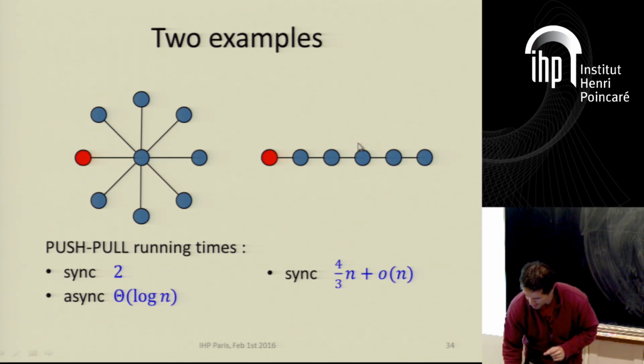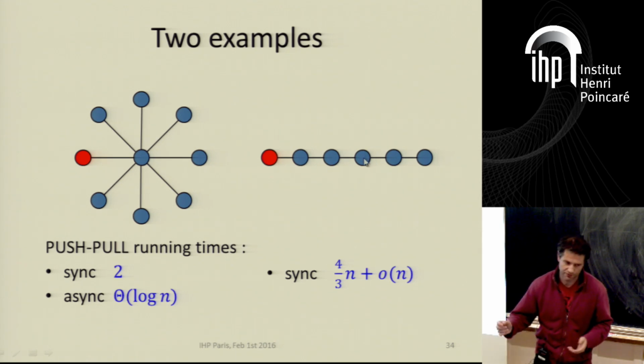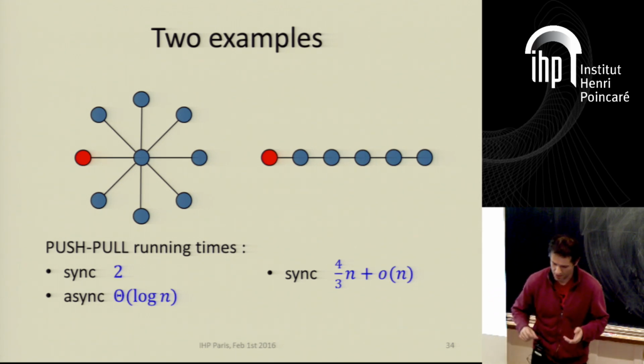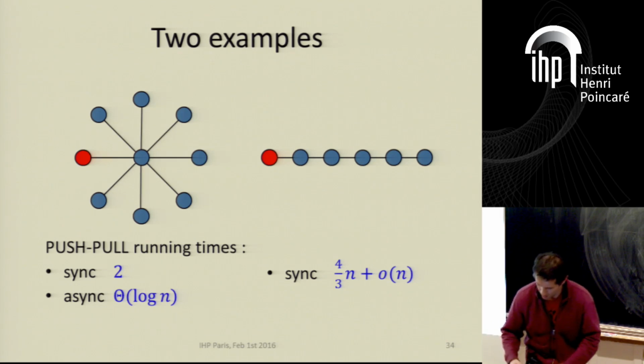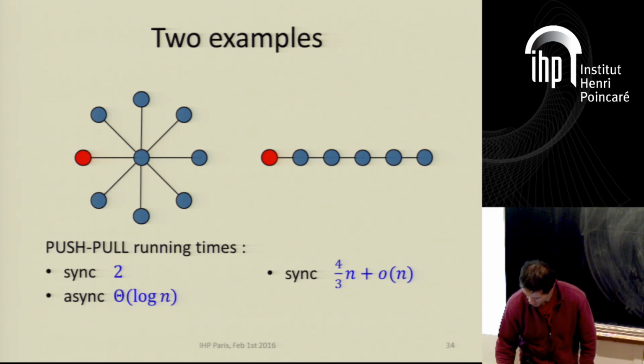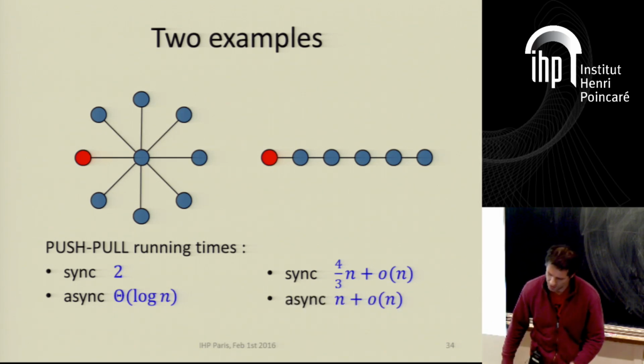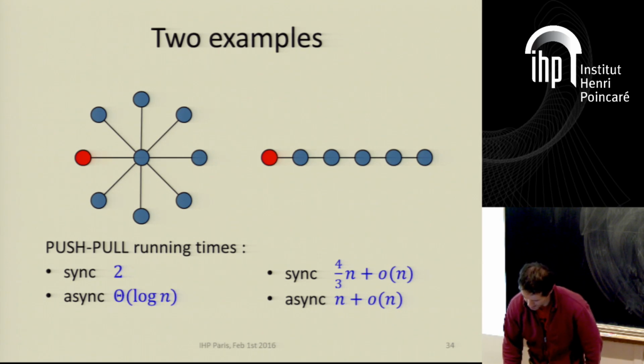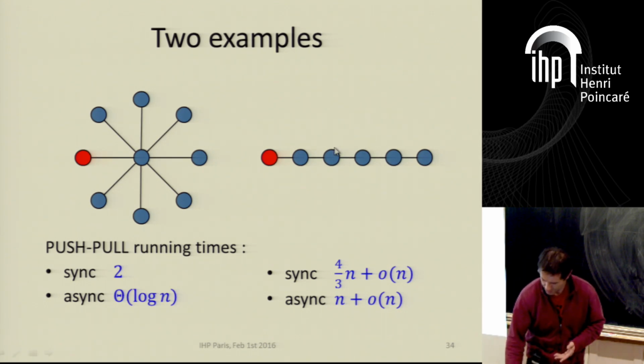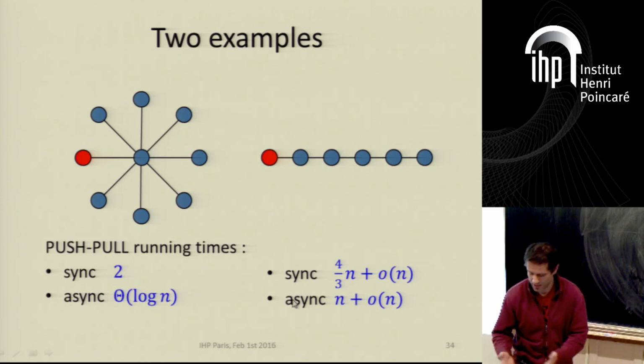This implies that the expected number of rounds until the rumor moves from one node to the next is 4/3, 1 over the probability that they contact each other. Whereas for the asynchronous rumor spreading, the time is faster, it is n, because the corresponding expected time is just 1. So in this case, asynchronous rumor spreading is faster than synchronous, albeit by a constant factor.